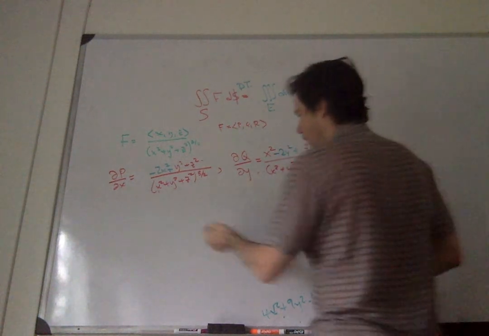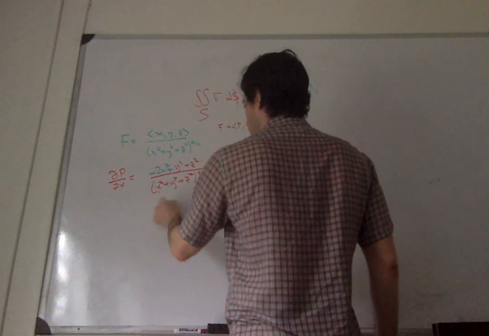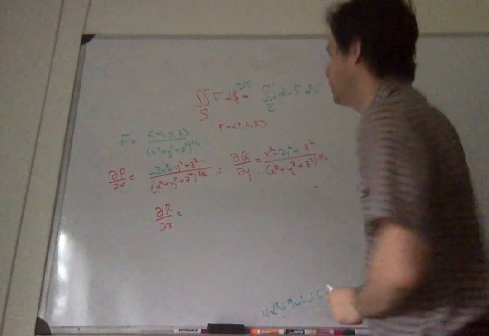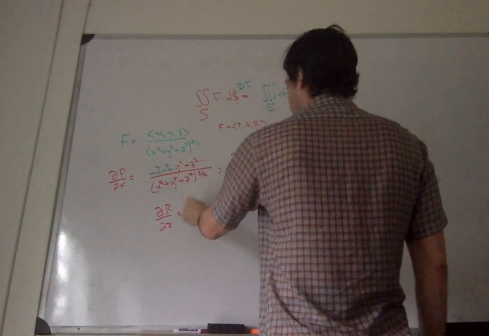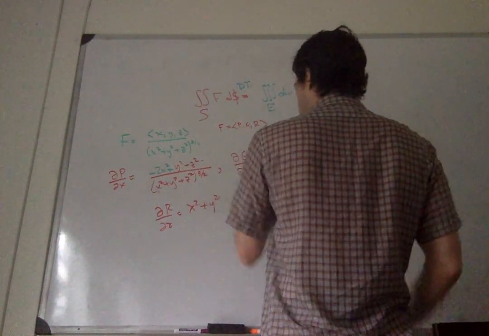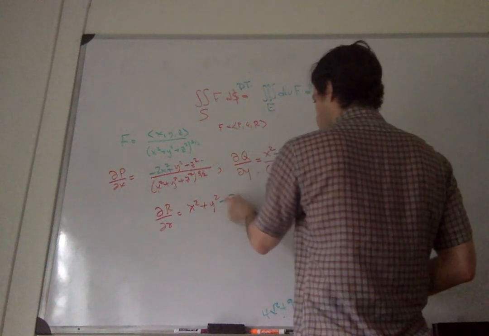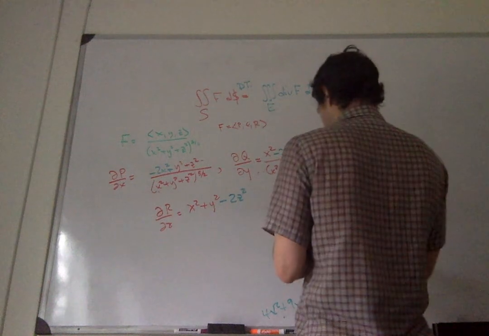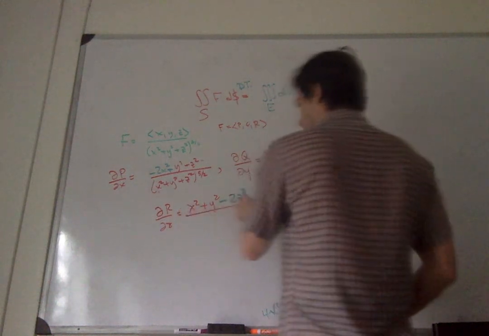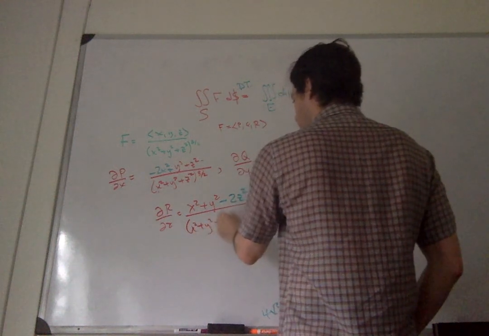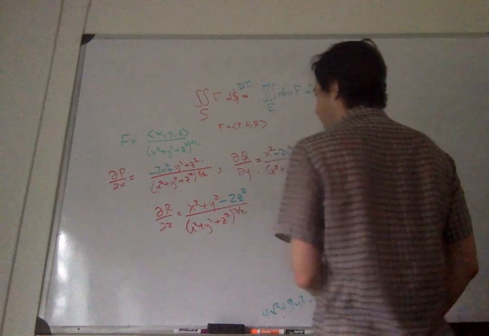Okay, and then for del r by del z, what do I get here? Again, we're going to do the same trick. So minus 2z squared, and then I'm going to divide that by x squared plus y squared plus z squared raised to the 3/2 power.